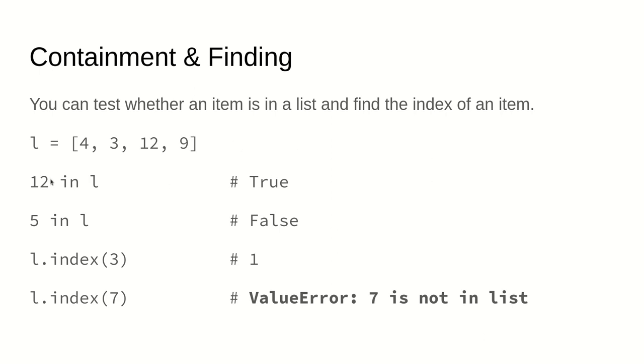These are very helpful in if statements or in loops, for instance. And if I ask for the index of something that is not in the list, then I will get a value error, and it will inform me that that thing is not in the list. This is why it might be important to check if 7 is in the list first, and then try to get the index of 7, for instance.